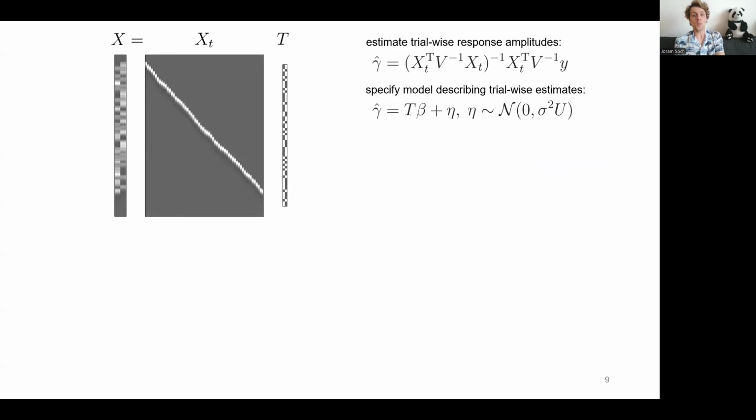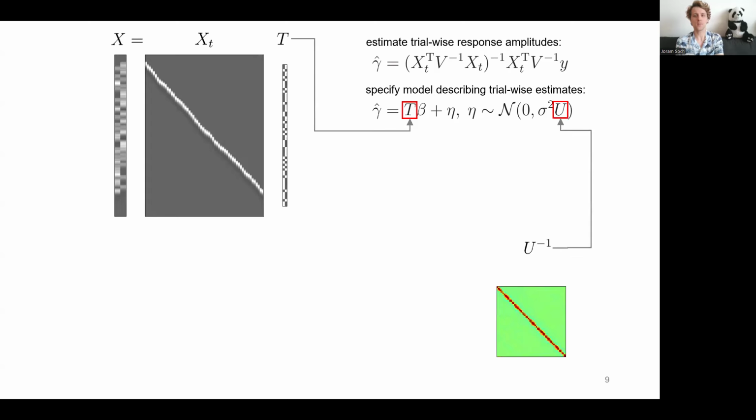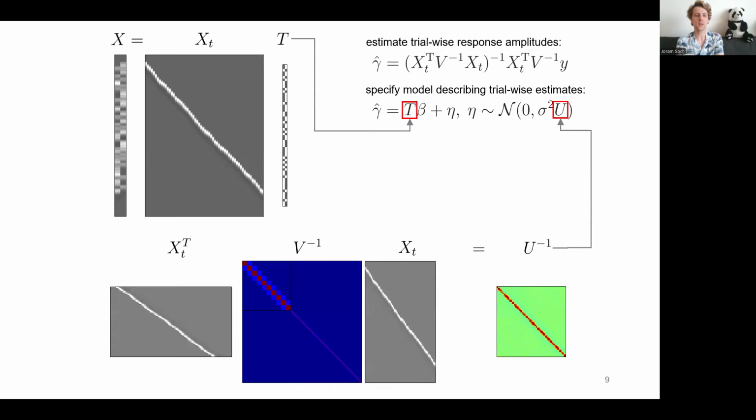One can then show that the trial-wise parameter estimates, gamma hat, follow a new trial-wise model, which uses T as the design matrix and whose covariance matrix is the uncorrelation matrix U, which derives itself from the trial-wise design matrix and the scan-by-scan covariance matrix V.